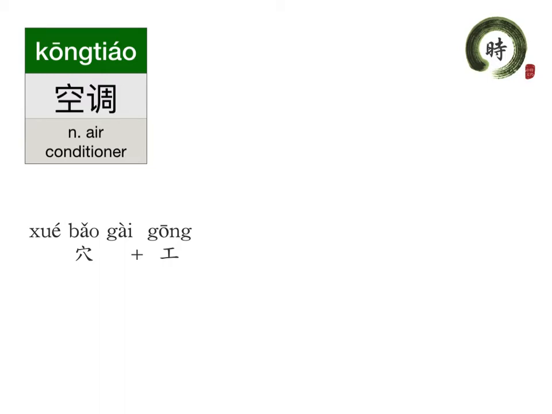So here we have 空, and when we put 空 and 气 together, we get 空气, the air. And then let's take a look at 调 here. 调 is also composed of two parts. On the left, we have 言字旁, while on the right, we have the character 周.